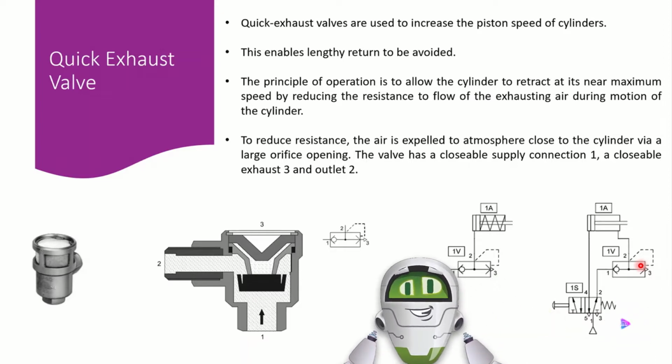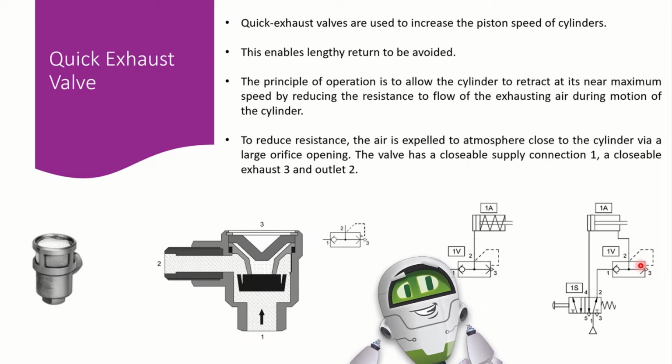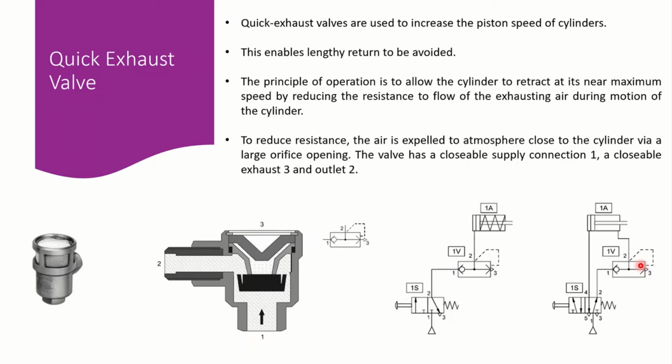Basically in industry, when we are dealing with punching, we need a very fast advancing for the double acting cylinder or single acting cylinder, and that is where, for the double acting cylinder specifically, we need to use the quick exhaust valve in order to have the maximum motion speed possible.